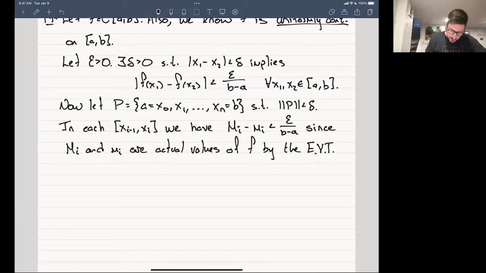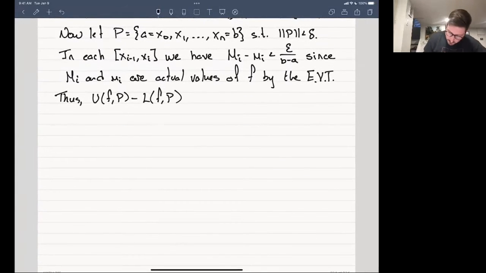Okay, now what does this mean? This tells me that if I look at the upper sum minus the lower sum here, well, these are just Riemann sums using the maximal and minimal values. So let's plug everything in.